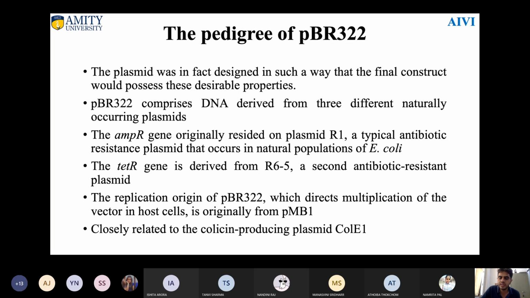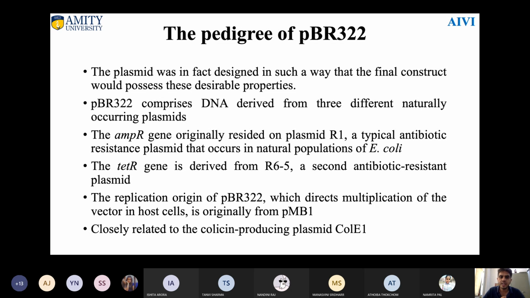This is a plasmid typically carrying antibiotic resistance that occurs naturally in a population of E. coli R1 strain. So we took a plasmid from R1, and this R1 is going to give you the gene for ampicillin resistance. What we are going to do is restrict, digest, and isolate the gene which codes for the ampicillin resistance.